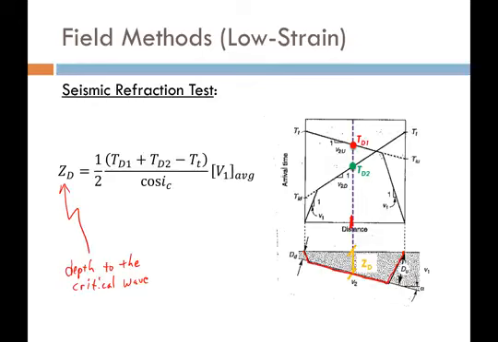So this Z sub D is just the depth of following this wave. When you plot your plots, what you're going to show here is distance, and you're going to plot Z sub D. What you're going to see is something that's going to look like this.